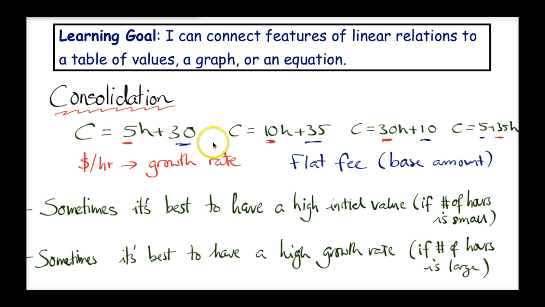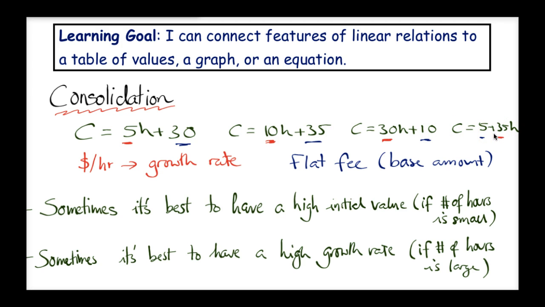So they all have the C and the H in them. All 4 equations have those, but they have different growth rates. The growth rate is the coefficient of the independent variable. So $5 per hour here, $10 per hour here, $30 per hour here, and $35 per hour here. And they all have different initial values, $30 here, 35, 10, and 5.